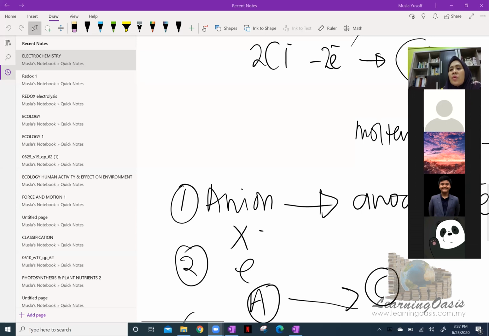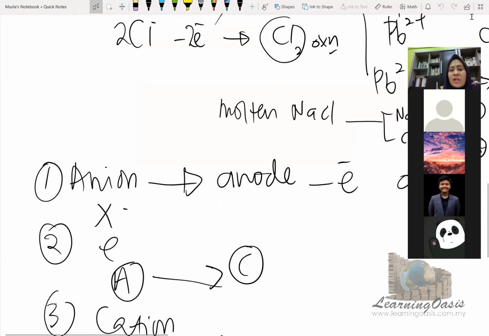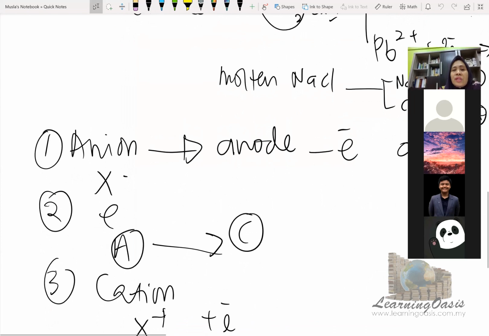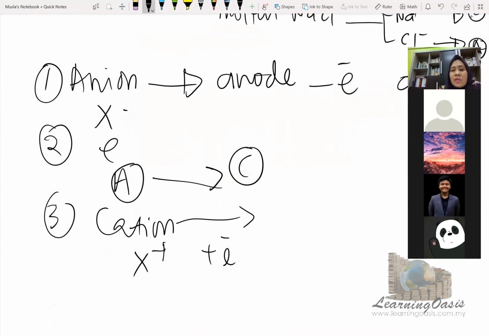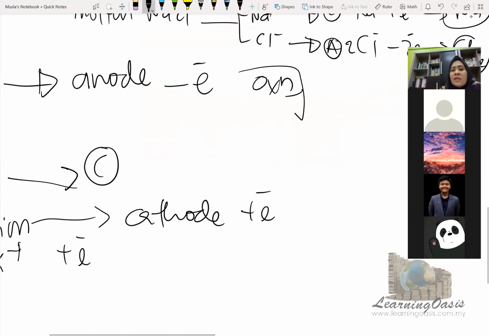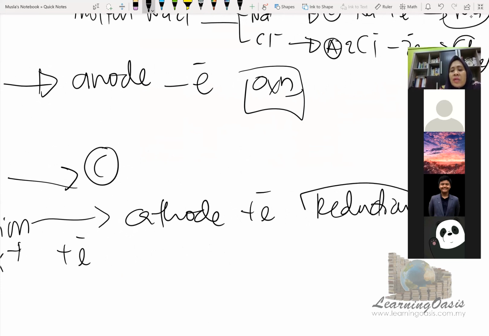Okay, so remember what happened during electrolysis. Anion gets attracted to the anode, cation gets attracted to the cathode. And then what happened to the cation? It gains electron. So this is reduction.